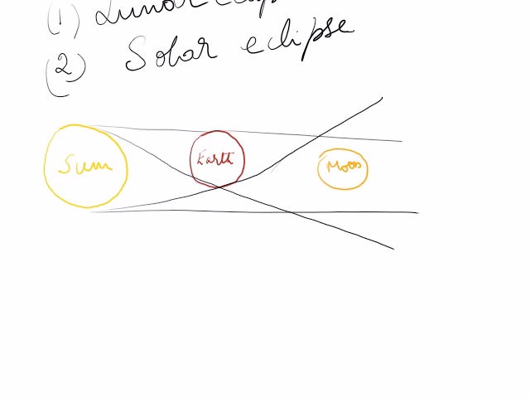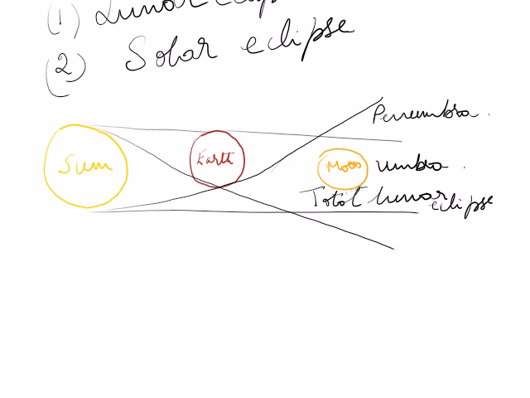Okay, this is the umbra, when the moon is in the umbral region of the earth. So this is the umbra region of the earth's shadow, central dark part. So this is the umbral region of the earth's shadow, and this is the penumbral region of the earth's shadow. So when the moon is in the umbral region of the earth's shadow, then we say it is total lunar eclipse.